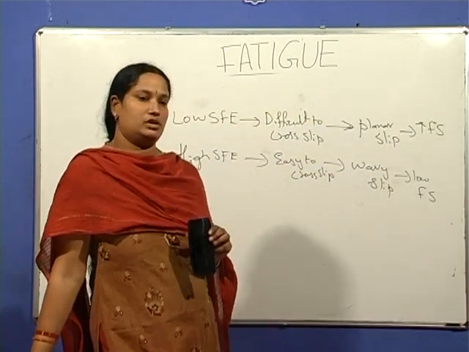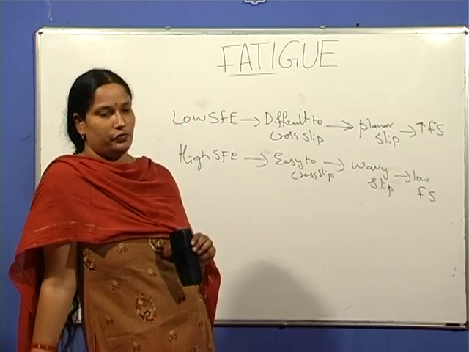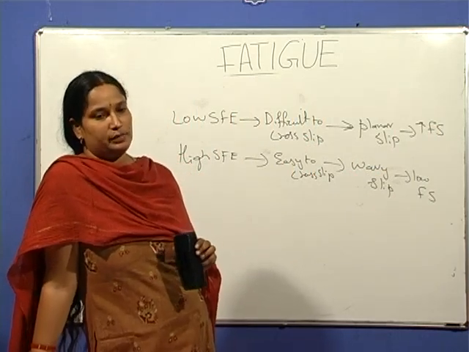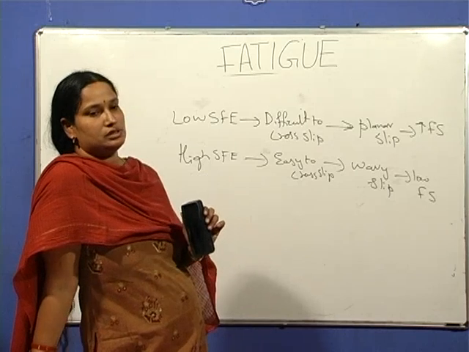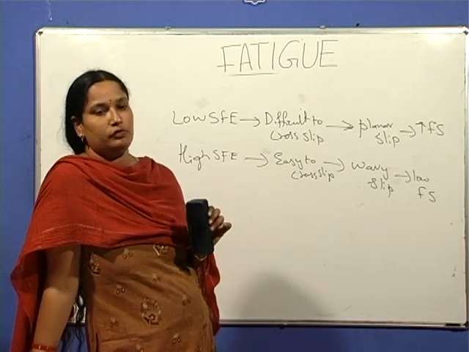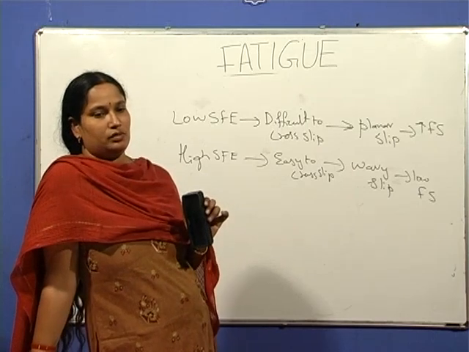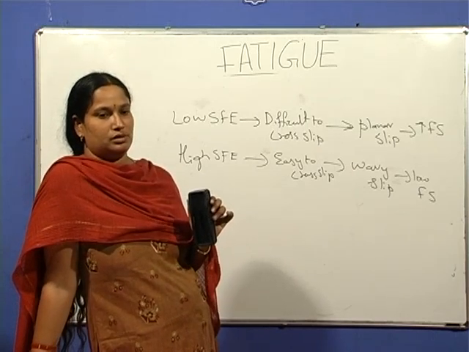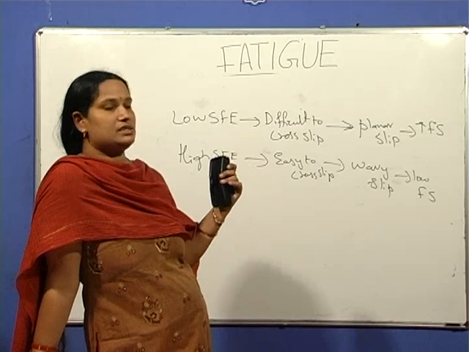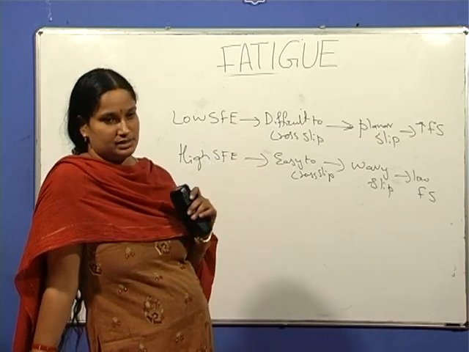So stacking fault energy is one of the metallurgical variables that affects the fatigue strength. But by using this variable, one cannot increase the fatigue strength to a greater extent.